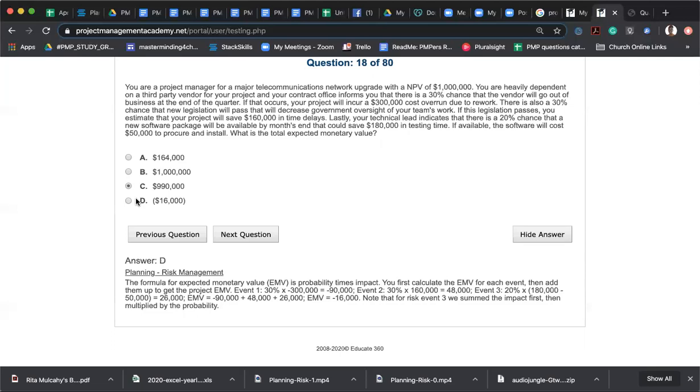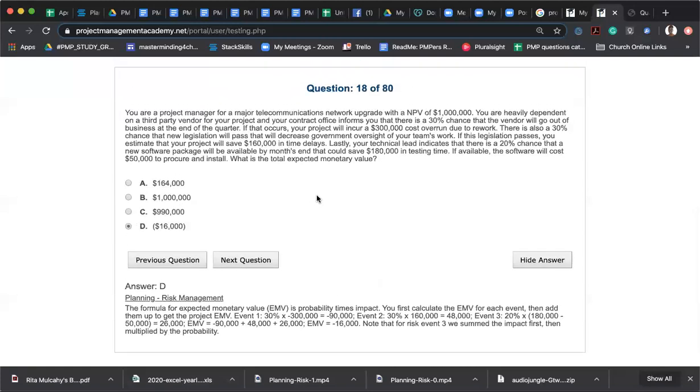I basically added and subtracted all these values to the NPV to think what the total expected monetary value would be, which isn't needed. Okay, so you just had to do the values that were obtained, and it's not connected to the $1 million. Nope. Wonderful. So at least we know how to do that now.